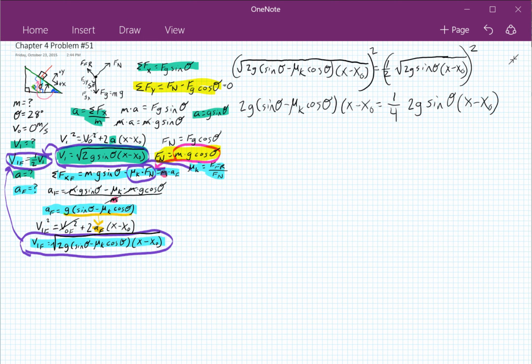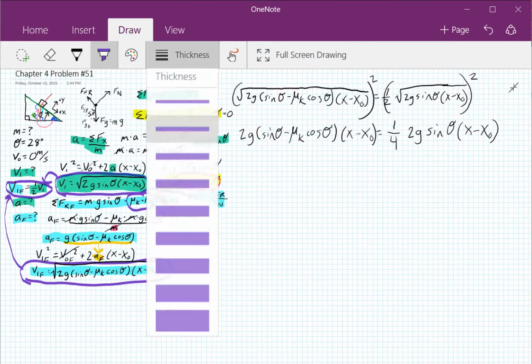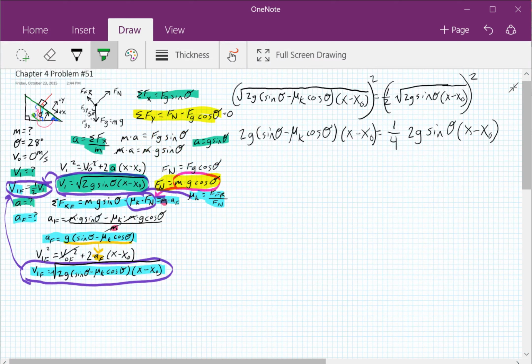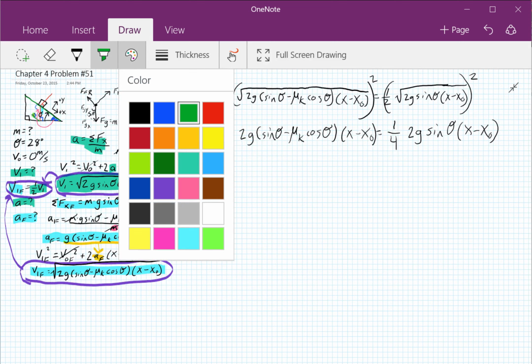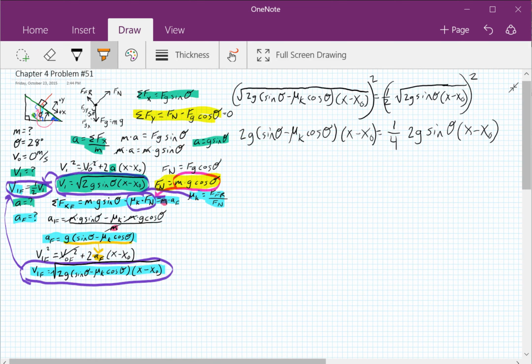Okay, now this is where it gets cool. At least to me, I think this is cool. You have several things you can cancel out. We can divide by 2g. Wait, is that a color I already used? I haven't used orange yet. Let's do that. So we can divide by 2g from here and here.